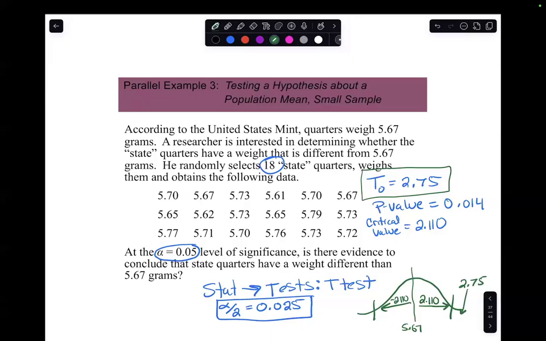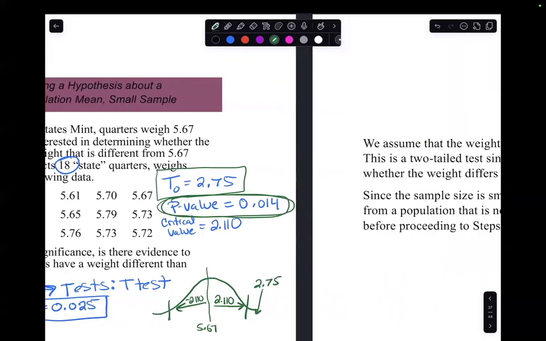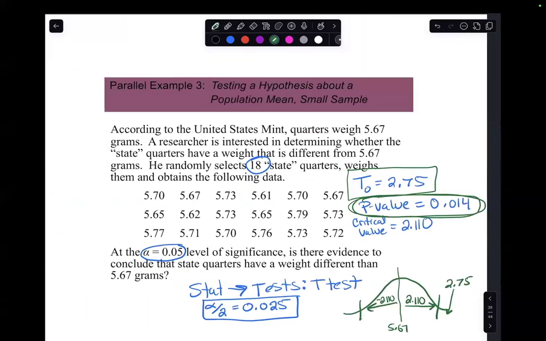Or take a look at the p-value right here. This p-value is less than that 5%. Therefore, we're going to reject the null hypothesis because the p-value is less than my alpha of 0.05. So you could state your conclusion either way.